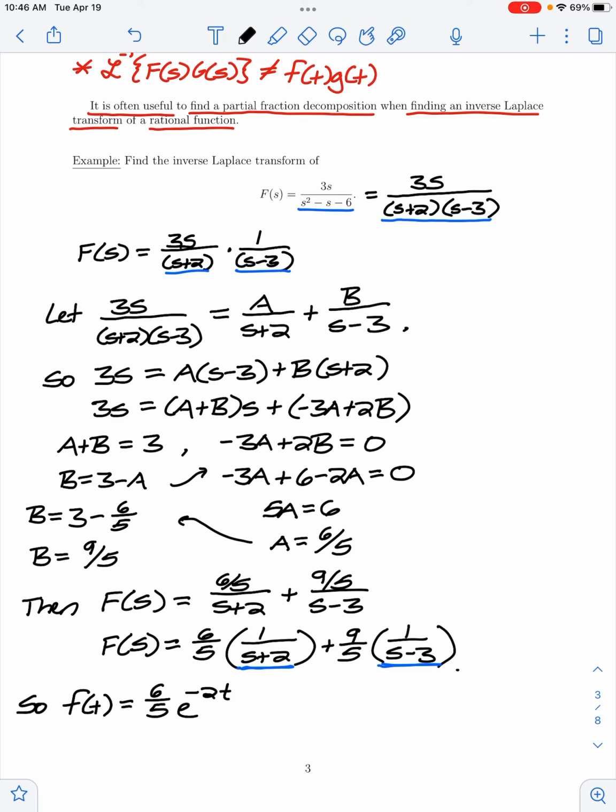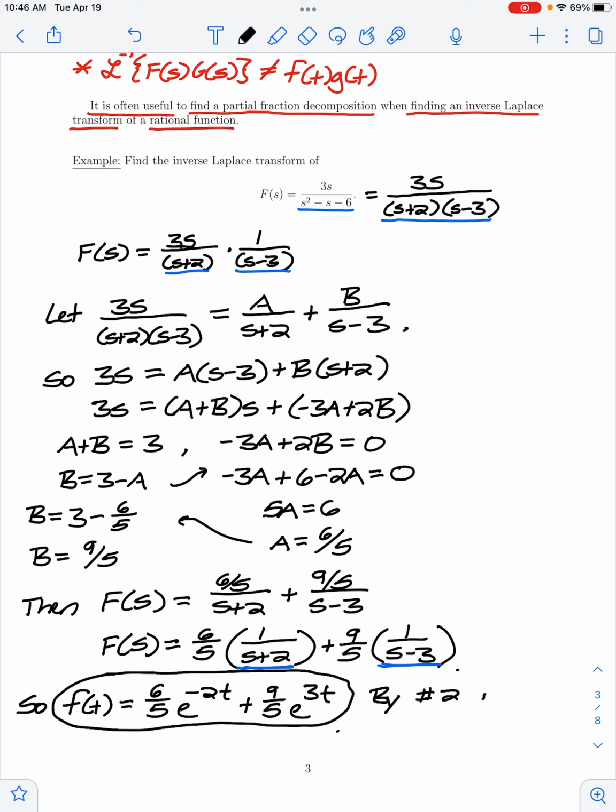So it would have an inverse transform of e to the negative 2t, plus 9/5 times e to the 3t. And again, here we are using property number 2 in the Laplace table.